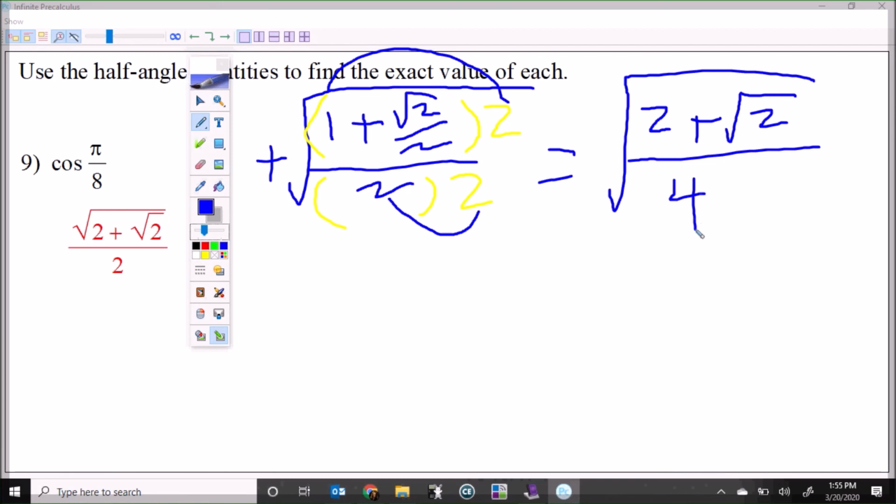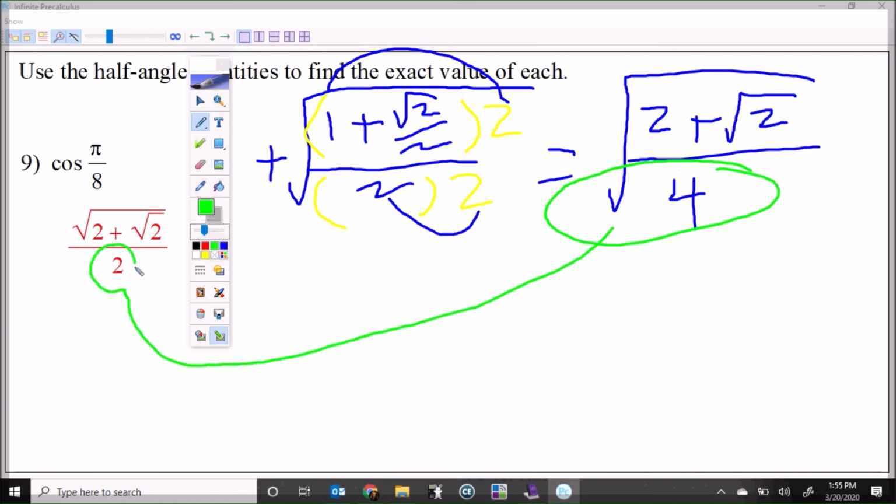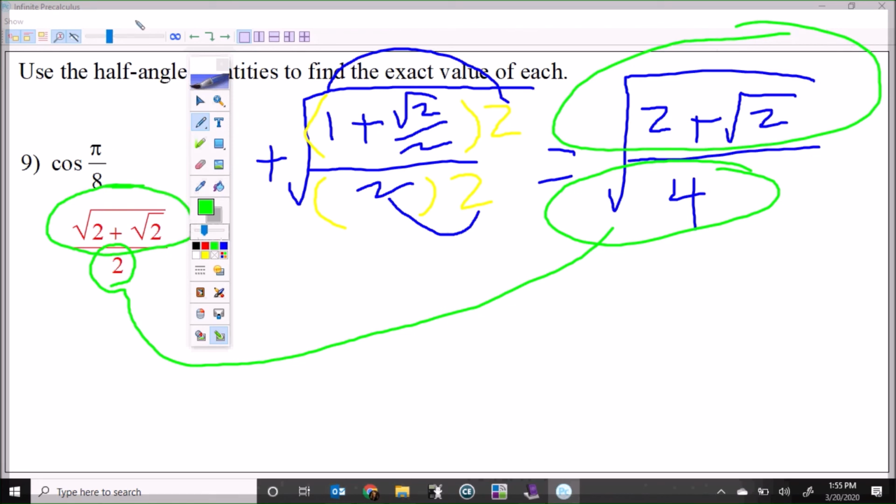And on the top, there's not a whole lot I can do, but the bottom, the square root of 4 becomes 2. So that's why in the answer you don't see a square root in the denominator, because they took the square root of the denominator and they just left the numerator the same. Okay, so that's what you're doing on those.